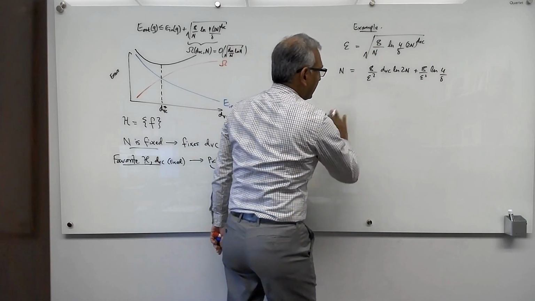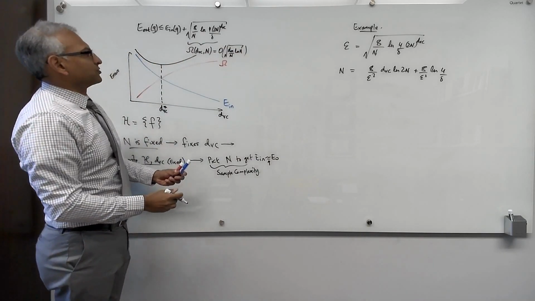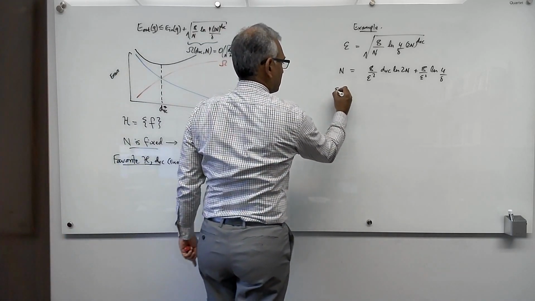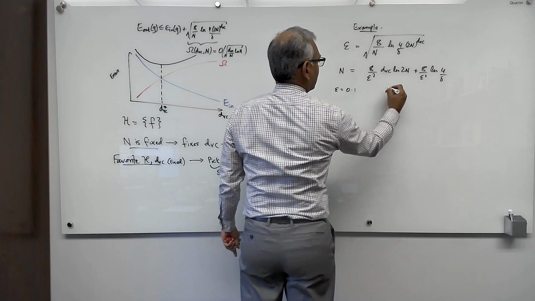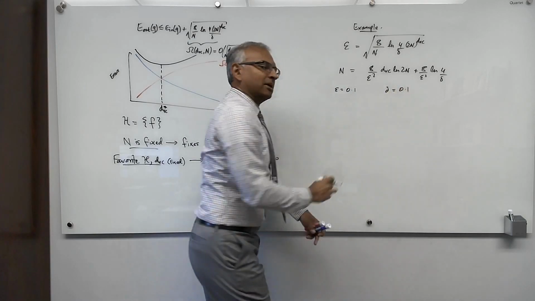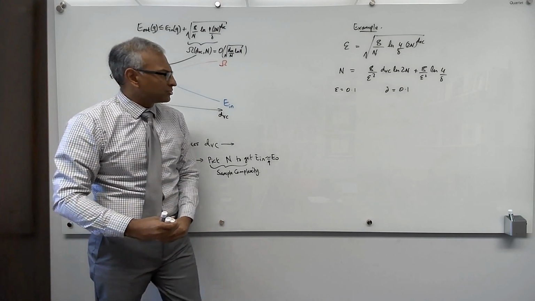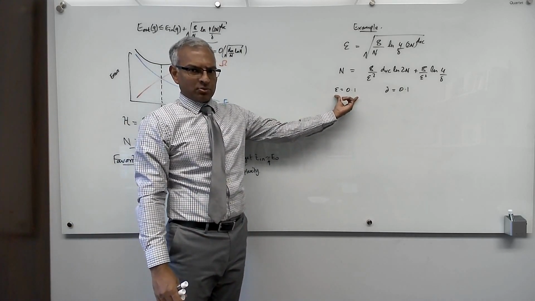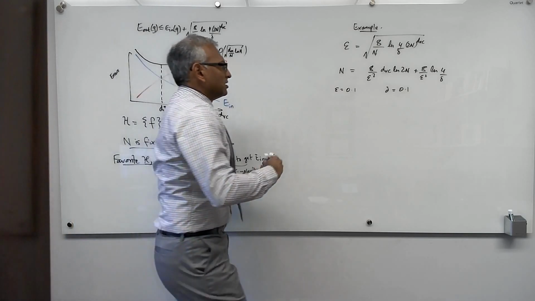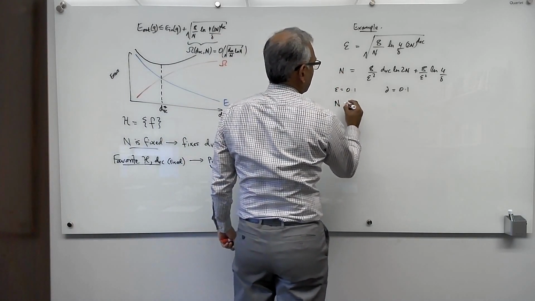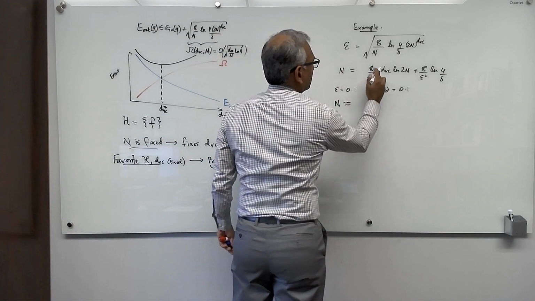Okay. And now let's put in some reasonable values. So reasonable tolerance for epsilon is, let's say, 0.1. For delta is, let's say, 0.1. That means that you're making statements with 90% confidence, 90% that they'll be true. And this is the link that you would like to have between E in and E out. In this case, n is approximately equal to 800.